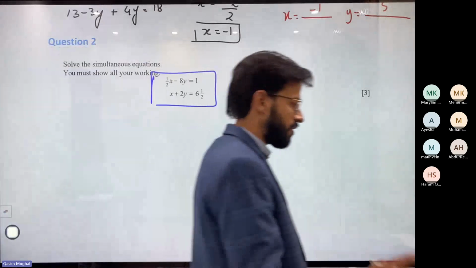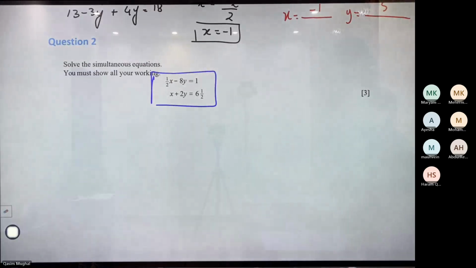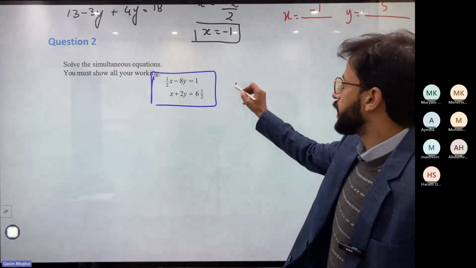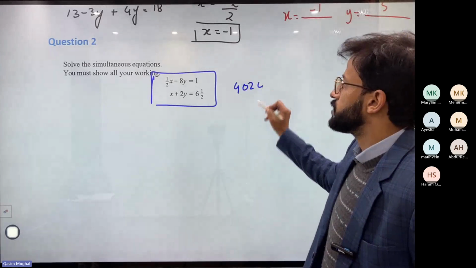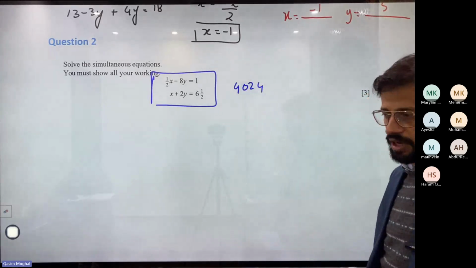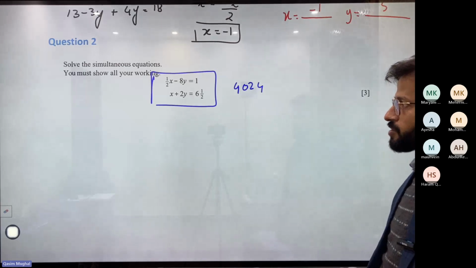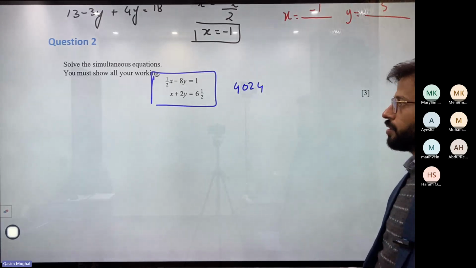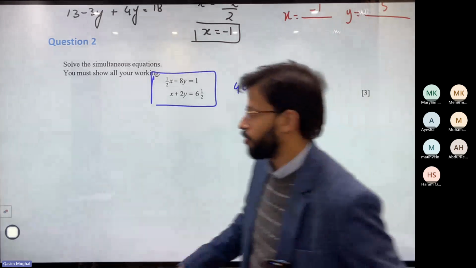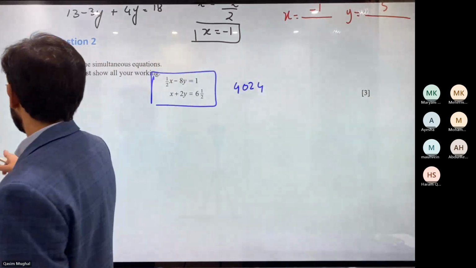IGCSE 0580 जो 4024 वाले हैं काइंडली ये क्वेश्चन लिखें जल्दी से. 1/2x minus 8y equals to 1 and x plus 2y is equals to 6 whole 1/2. इसको सॉल्व करना स्टार्ट करें. बिफोर आई प्रोसीड फर्दर, चले पहले ये लिख लें.